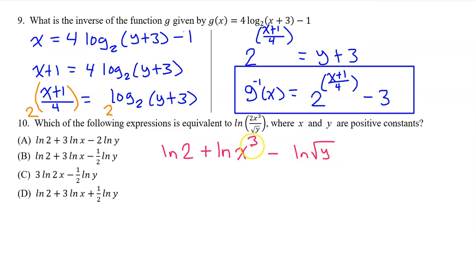We know a property of logarithms that says if you have the natural log of something with an exponent, you can move that exponent to the front of that term. So I will have my natural log of 2, plus 3 natural log x. And then the square root of y is the same thing as y to the 1/2 power. And we can move that 1/2 to the front and write minus 1/2 natural log y. This is a perfect match for option B.